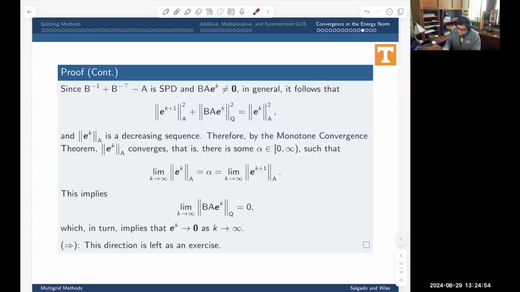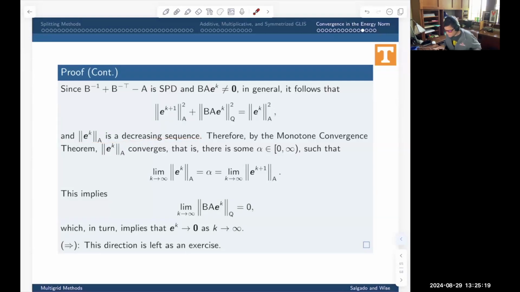So that says that the sequence of the A norms of e_k is a decreasing sequence, because I have to add something to this norm, namely that, in order to get the previous one. And this something is non-negative. So that proves that this sequence is decreasing.